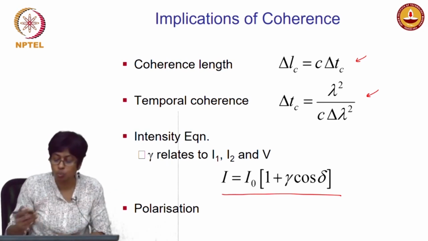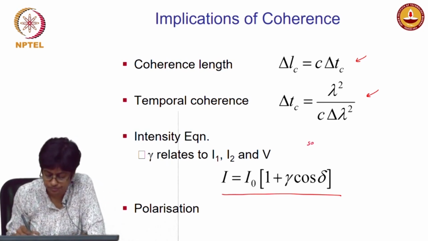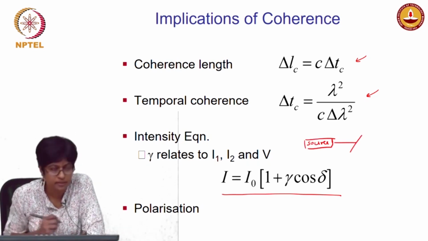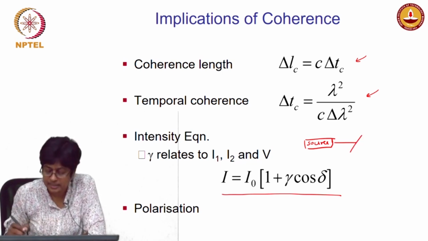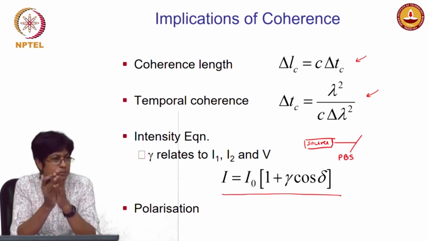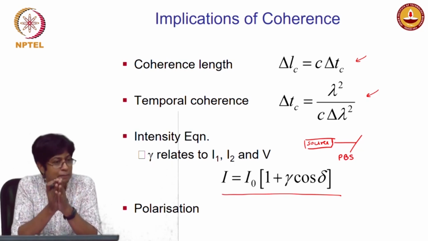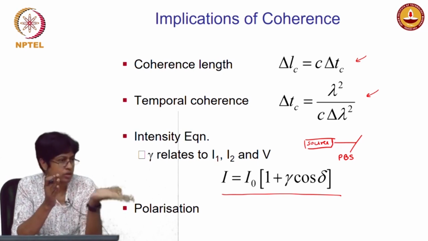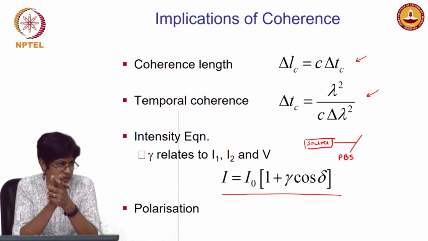So, if I took one source and split it, let us say I split it with a polarizing beam splitter. So, it is not just a beam splitter that splits amplitude, but it takes the polarization of that beam and splits it. I can always write polarization as a sum of, say, horizontal polarization and vertical polarization.